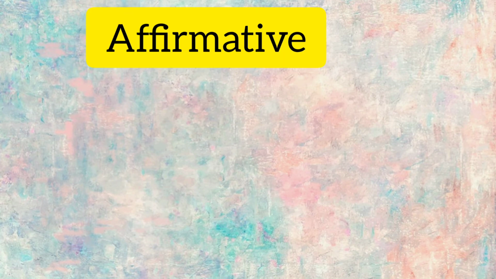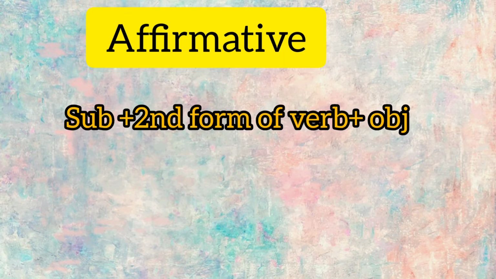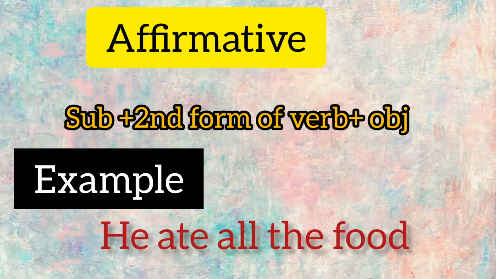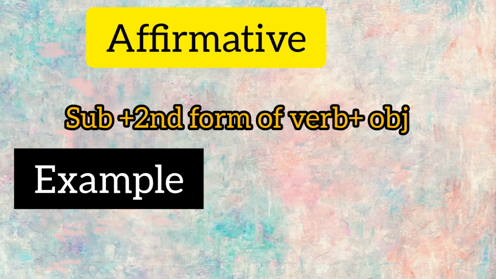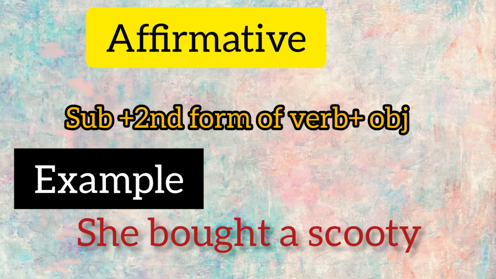Affirmative sentences. Affirmative structure: subject plus verb, second form of verb we use here, plus object. For example, he ate food. Ate is the second form of verb. Eat, ate, eaten. So we use the second form of verb ate here for the affirmative sentences of past indefinite tense. Now the second example is she bought a scooty.